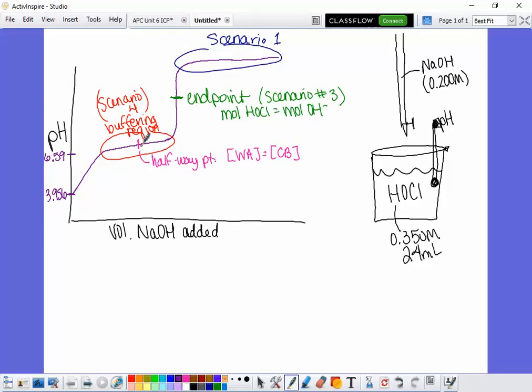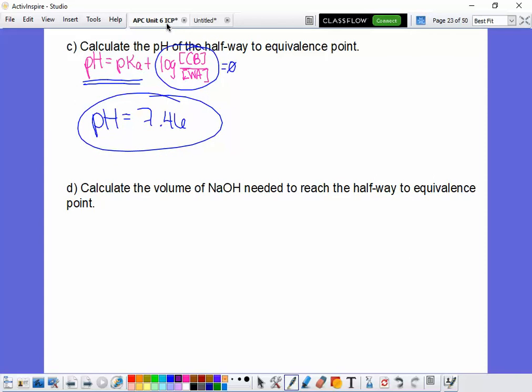At the halfway point, again, this is not really to scale, but that'd be like 7.46 right there, that halfway point. It's not to scale. Okay? So, the halfway equivalence point, we have a pH of 7.46.